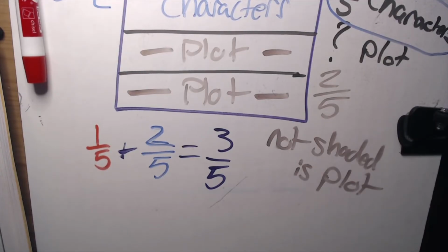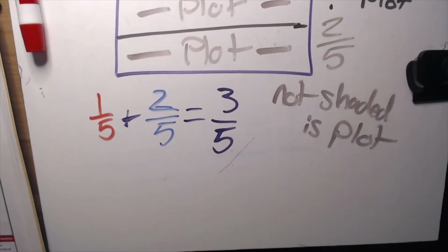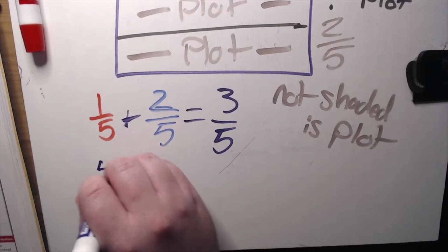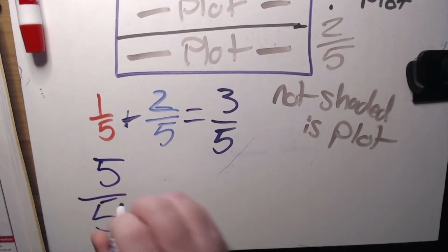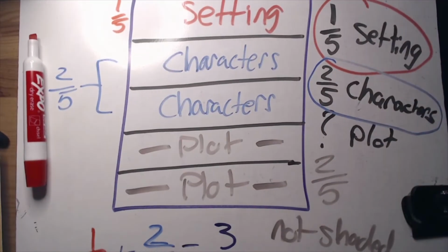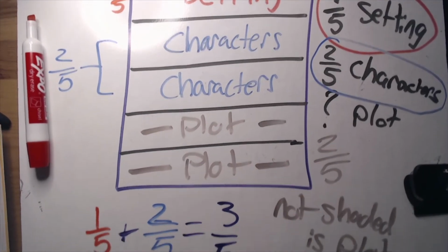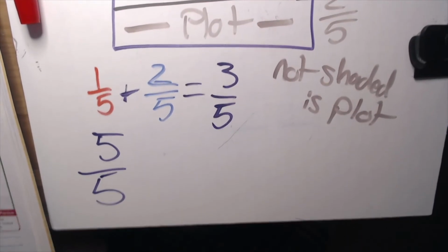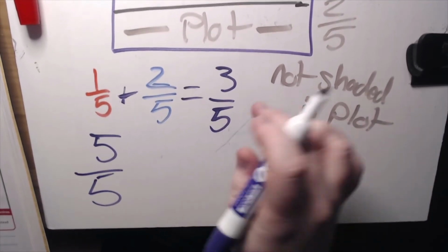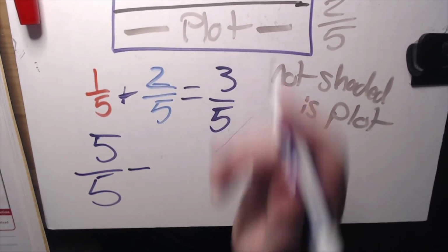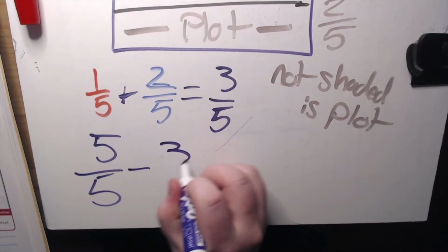Okay, well, let's take a look. Let's get a little bit more board space here. Our entire poster is 5/5. Again, if we take another look up here, we have 1, 2, 3, 4, 5. The whole thing is 5 of 5 pieces, so we have 5/5. Now, we're going to subtract 3/5 because we need to know how much our plot is going to be.